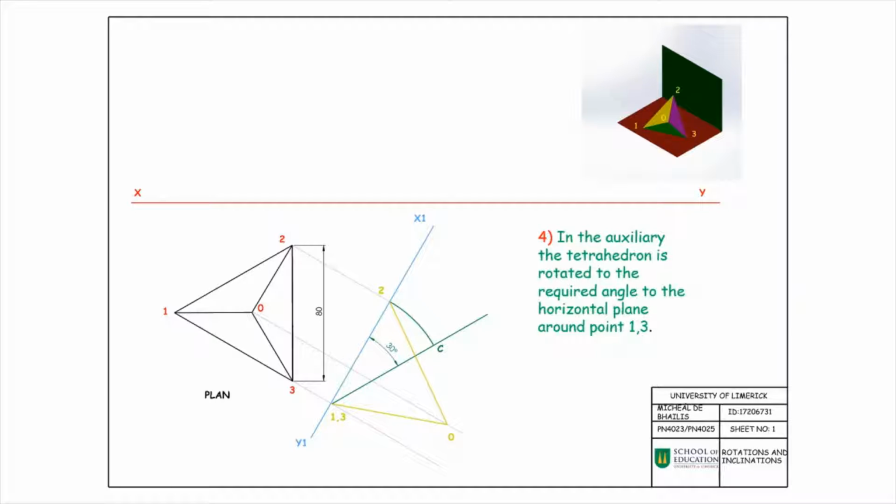The length of this line is found by rotating point 0 from the center point 1,3 until it intersects with the line that we've just drawn, that's 30 degrees to the x1, y1 line. The new position of point 2 will be annotated as point C.